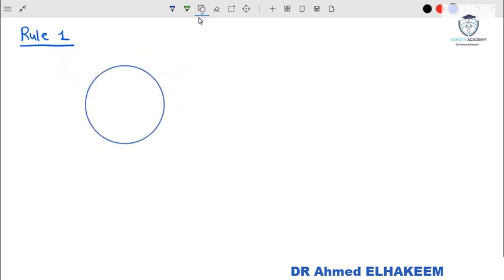If I have a circle like that, and I have two lines like this, what are these called? This is called a chord. This is called another chord. And this is the center.